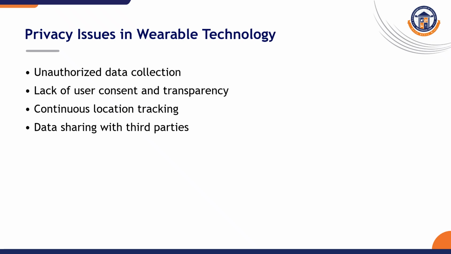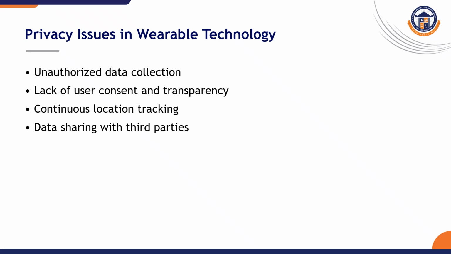The privacy issues in wearable technology are unauthorized data collection, where your data is collected by various unauthorized persons; the lack of user consent and transparency in user data collection; and continuous location tracking of users through GPS or other online activity trackers.